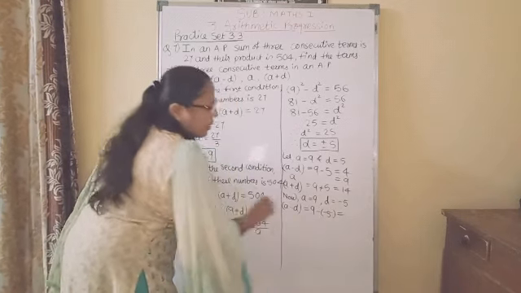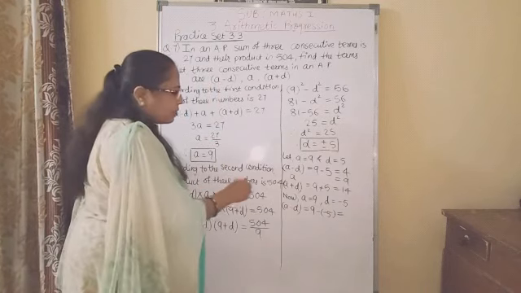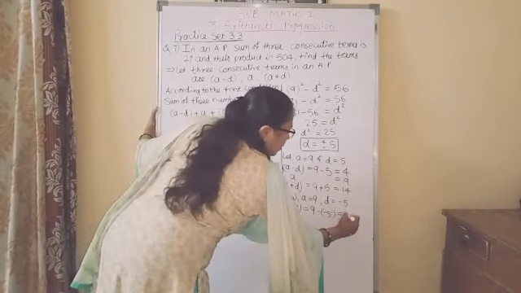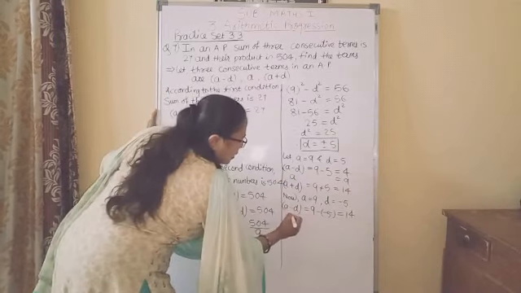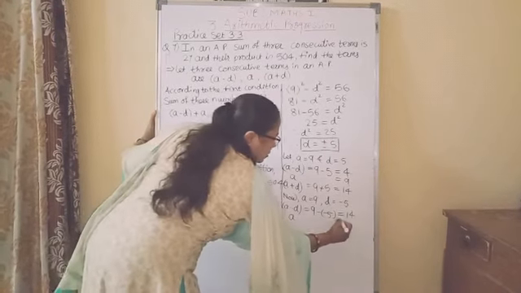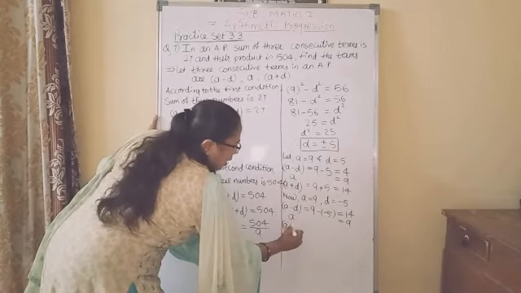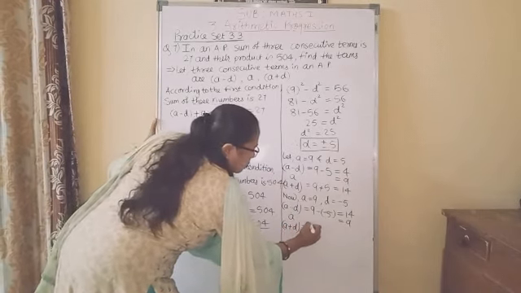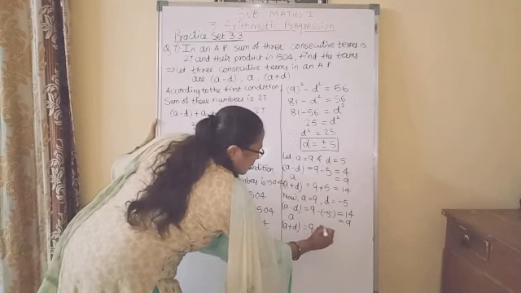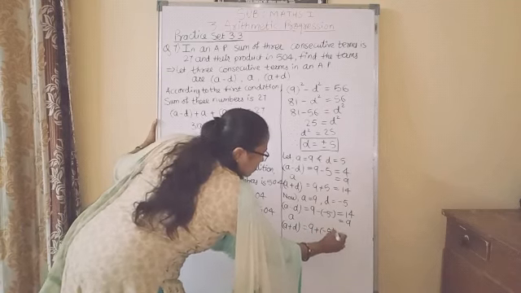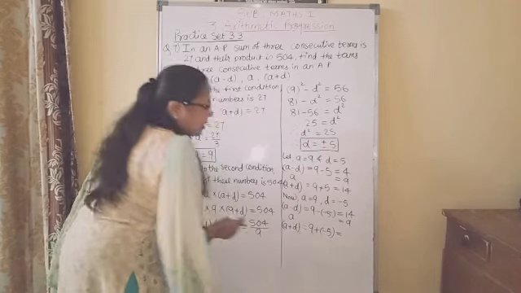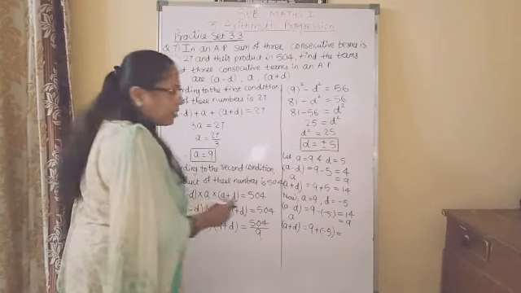Now this minus into minus is plus, so 9 plus 5, 14. Then the next term is A, which is equal to 9. The next term is A plus D, which is equal to 9 plus minus 5. So plus into minus is minus, and 9 minus 5 is 4.